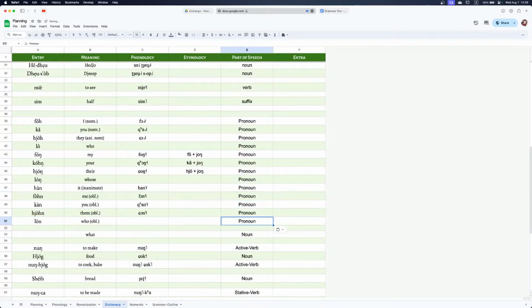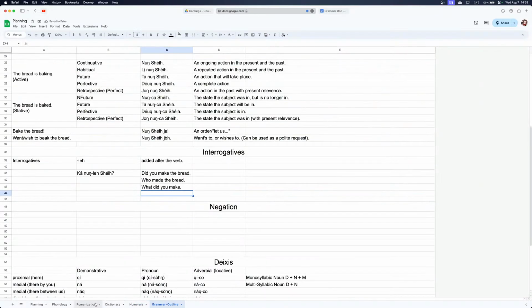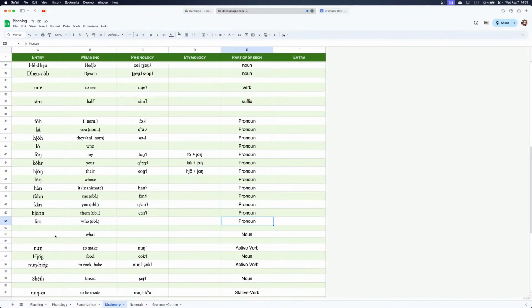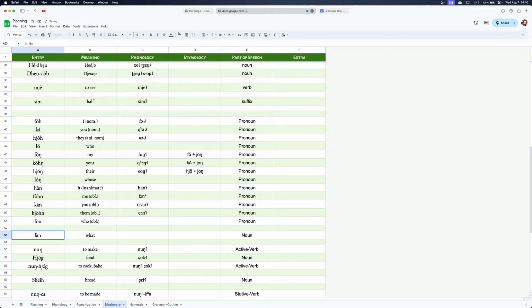Pronoun, pronoun, pronoun. And then what would be lan? And this functions more like a noun than a pronoun.